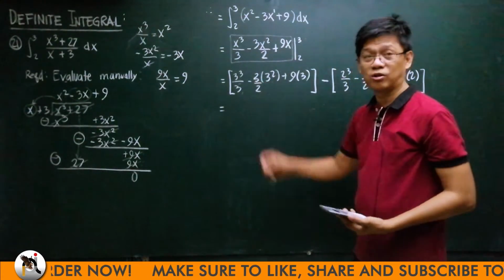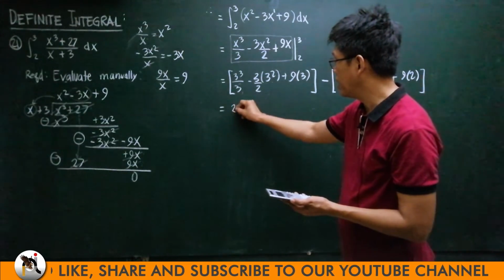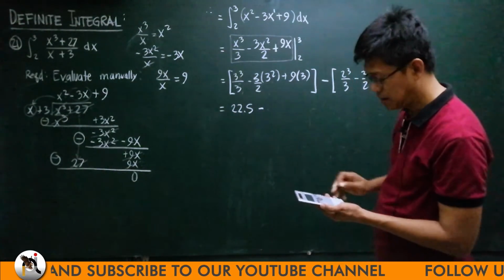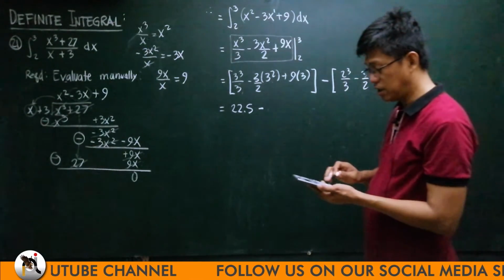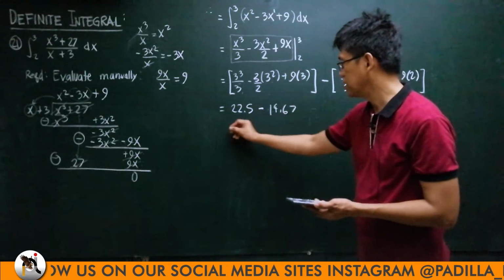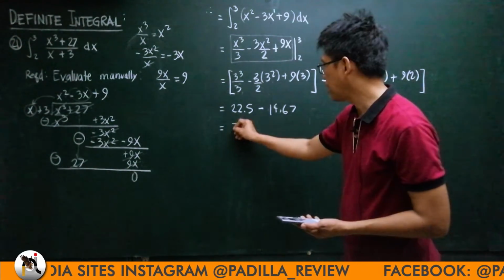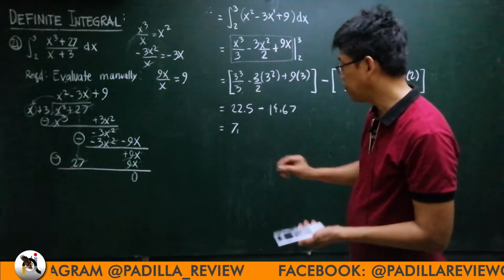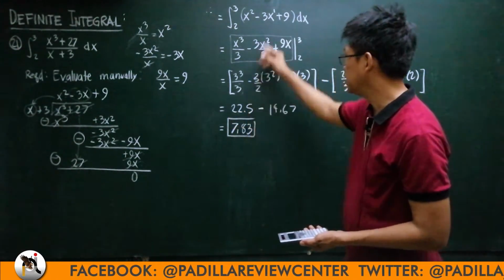Your calculator will give you 22.5. Minus, I press equals again, then replace x by 2. So this is 14.667. You compute this, and it is going to be equal to 7.83. So this is going to be the value of this integral.